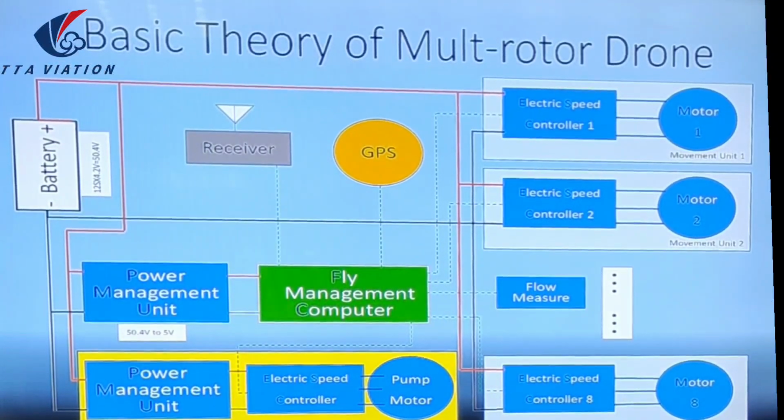All this information can be input to the CAN hub, and the CAN hub transports them to the flight controller.